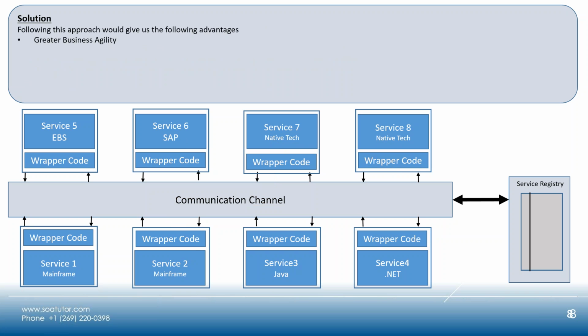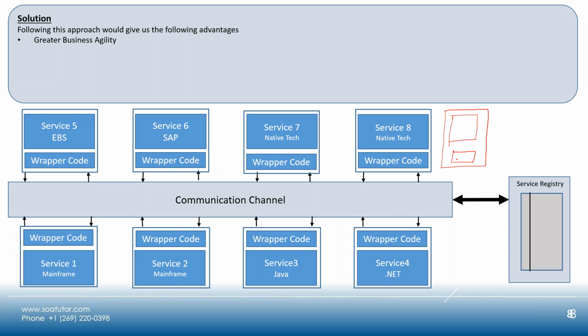What are the advantages? We have greater business agility, meaning if the business comes up with a new functionality, the only thing that you do is, where is my pen? Okay, you just write the business logic and then you wrap the code so that it speaks XML.